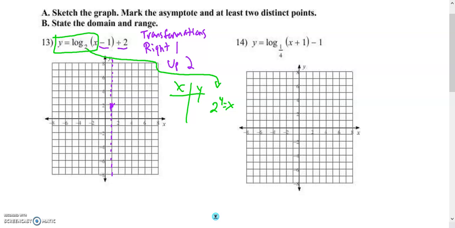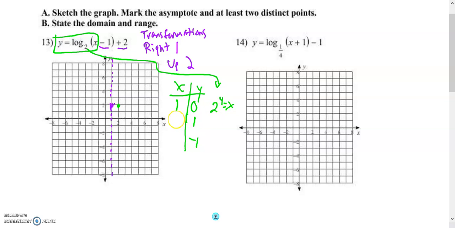So let's pick the points 0, 1, and negative 1. Okay, again, 0, 1, negative 1 are going to be based off of your x values, and we base off of the new origin. Alright, and we always like to pick 0 because anything to the 0 power is equal to 1. Okay, so there's your first point, 1, 0. Again, it's using the new origin, so that would be this point there.